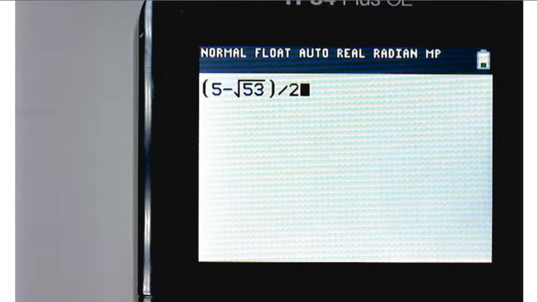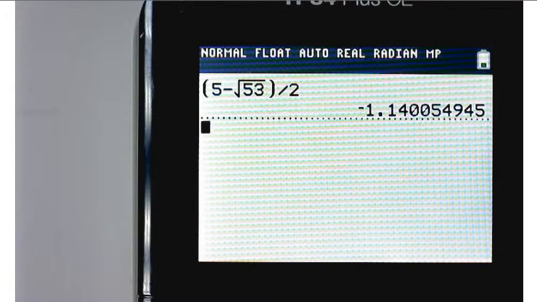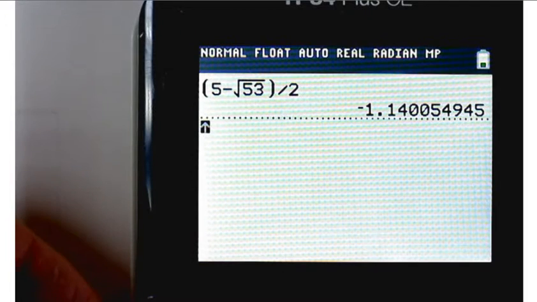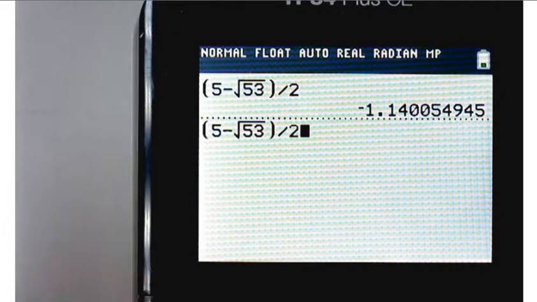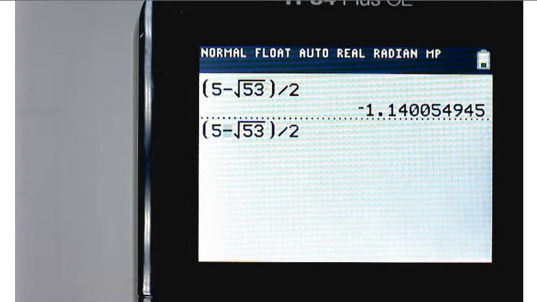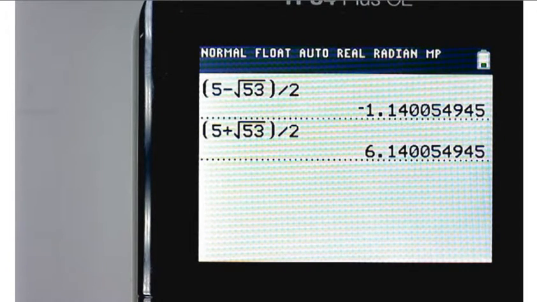Here's a quick trick for you: hit the second key, then the enter key. That'll bring up your previous calculation. Now let's just lazily go back here and change that minus to a plus. Boom, I got them both. So that's kind of nice. So about negative 1.14 and 6.14. Okay, I get it.